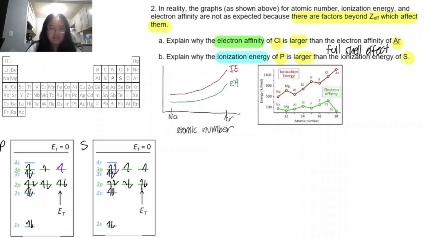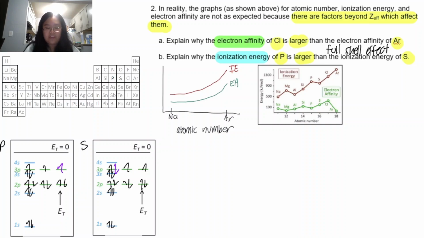So in phosphorus, the outermost electron is in the 3p subshell, and you can see in this 3p subshell that all 3 electrons occupy their own orbital. Now, if you look at sulfur, you can see that the outermost electron also resides in the 3p subshell, but then in the case of sulfur, 2 of the 4 electrons are sharing an orbital.